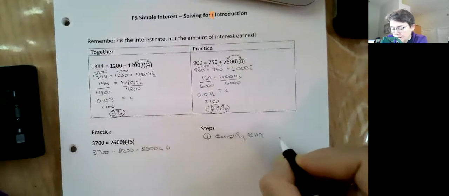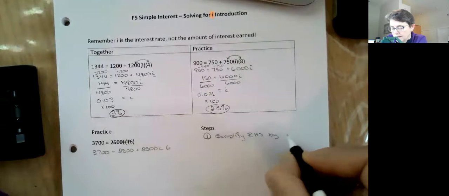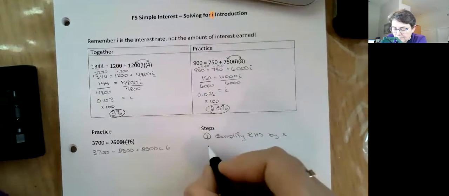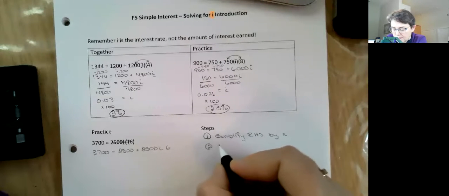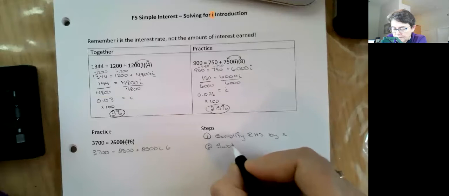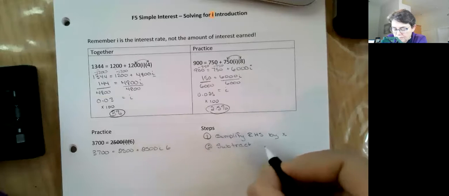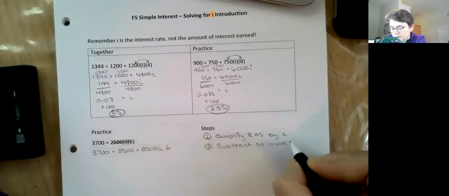Right-hand side by multiplying. Second, subtract to move the $2,500 over.